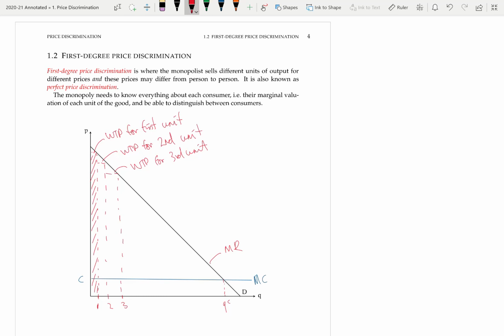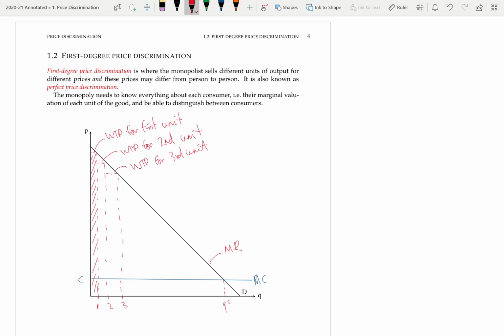So what would be the profit of the monopolist under first degree price discrimination? Well, its total revenue will be the willingness to pay for QC units, this area, and the cost will be this rectangle here, right? We add up the costs of each of the units, and we end up with the total cost, as long as there's no fixed cost.